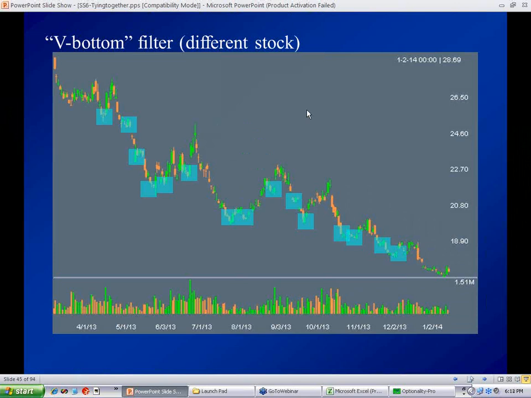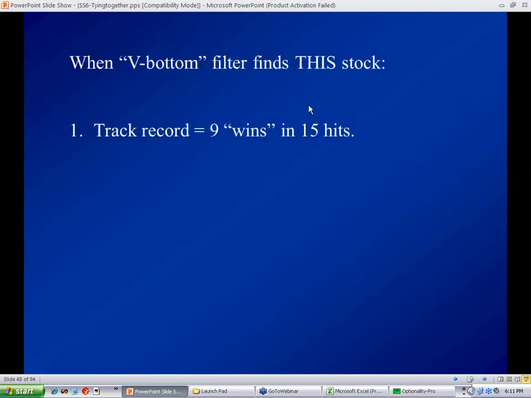Let's take another filter applied to a completely different stock. And these are real examples. These are real charts. This one, I'm showing all the places where the V-bottom hit. However, this time it had 15 instead of 14 hits, unlike the previous stock. But this time it failed on several of those spots when the V-bottom filter hit. In that case, this track record is 9 wins in 15 hits, which is 60%.